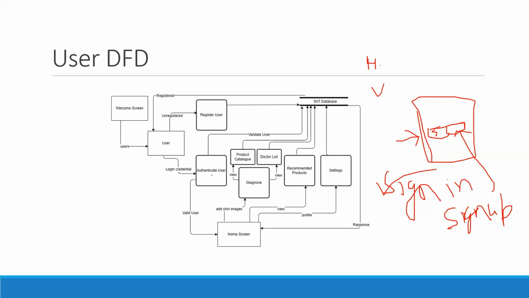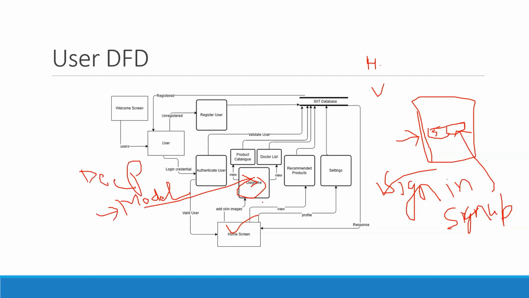Let us suppose the user is authenticated, the user screen will be shown. After that, diagnose, product catalog, doctor list, that will be dependent on my model basically. Here is the role of the model. The model is the deep learning model.